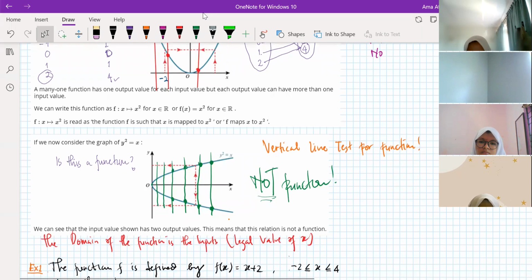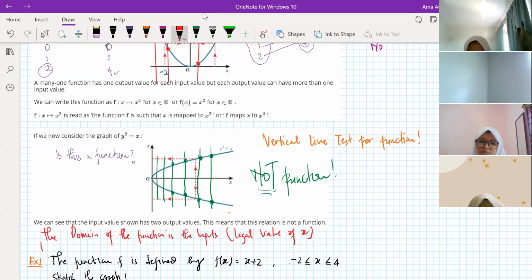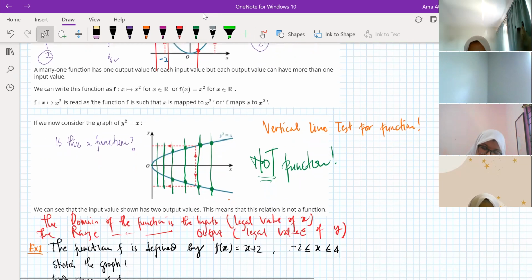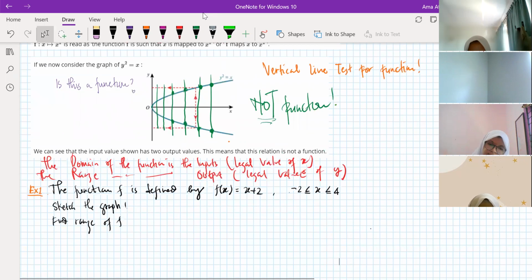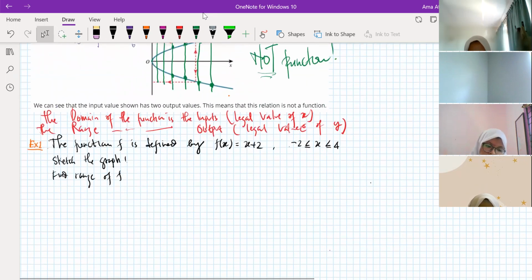While the range of the function is the output. In this case, it is the legal value of y. Okay, the legal value of y. So let me explain to you the domain and the range using this example.